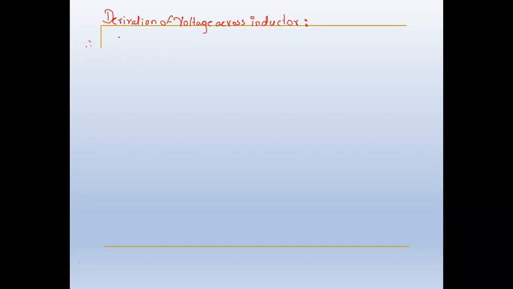The voltage across the inductor can be written as VL of t is equal to L into d by dt of I of t.